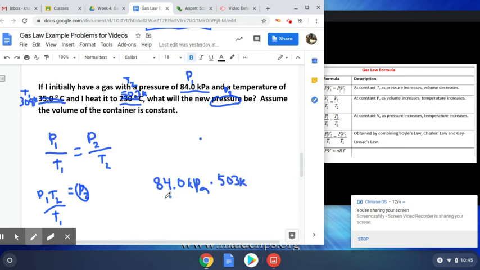And then divide by T1, which is 308. So 84.0 times 503 divided by 308, and that gives us 137 kPa.